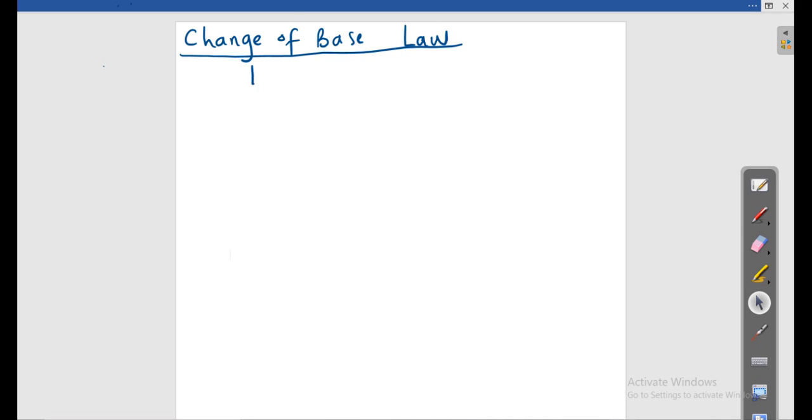So if I have log b base a, it is always the same as log b base c over log a base c. So what you have done is you have tried to change the base appropriately, and that is one of the things you have just done here.